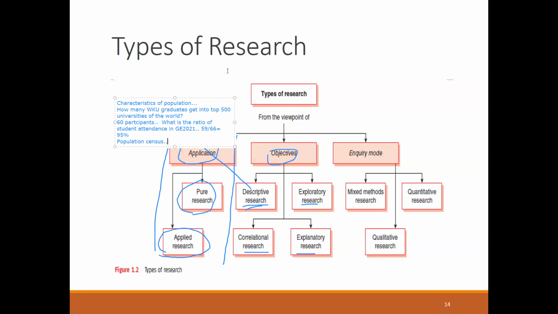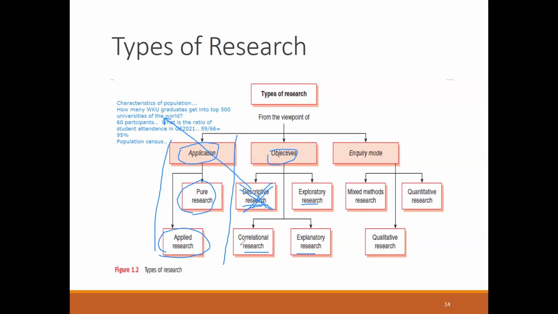For this course, I will not recommend descriptive research, so let me put a big cross here. It is very simple, and the answer to descriptive research can be easily found by you in a couple of days. So I'm not a big fan of descriptive research.